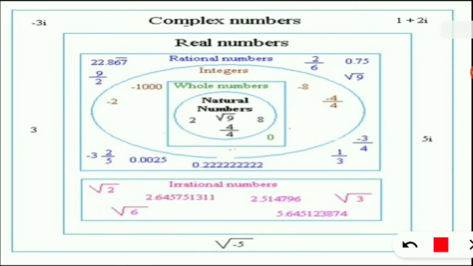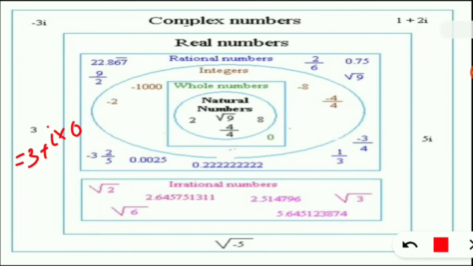So students, I already told you all complex numbers are in the form a plus ib. So why are all real numbers complex numbers? Tell me. Because real numbers are not in the form a plus ib. But I told you all real numbers are complex numbers. So why? Here is 3, and 3 is a real number. So 3 can be written as 3 plus i into 0. Clear?